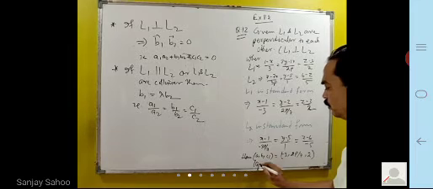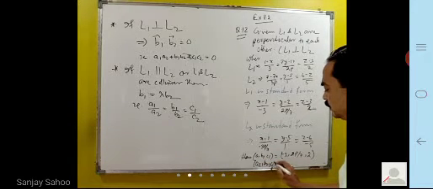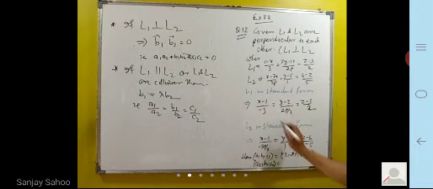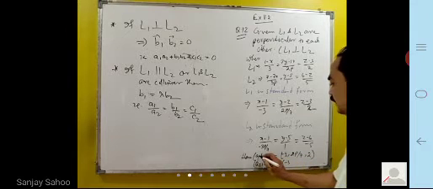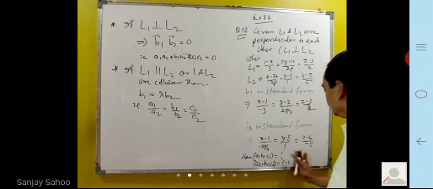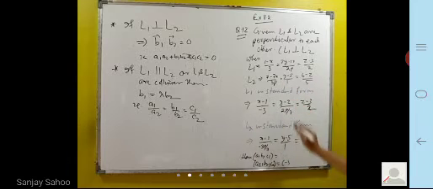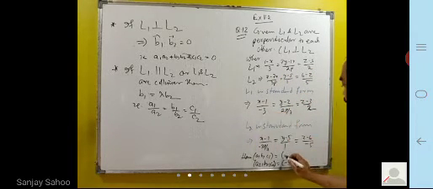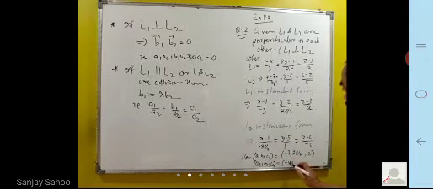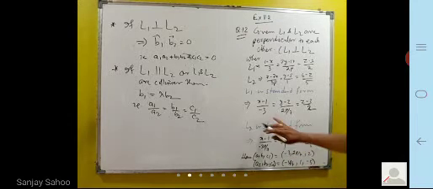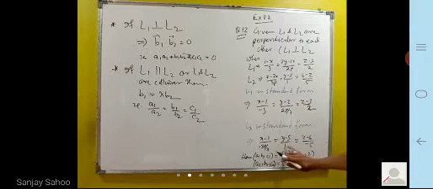And a2, b2, c2 will be minus 3p by 7, 1, and minus 5.